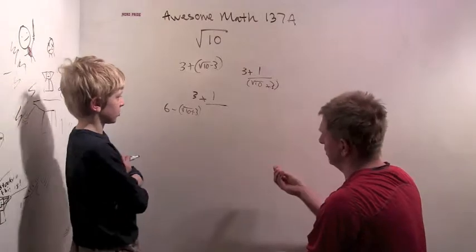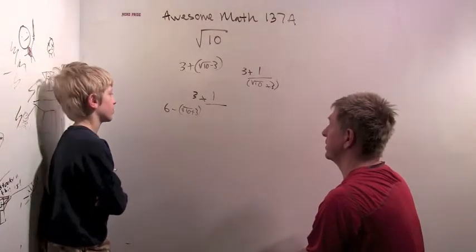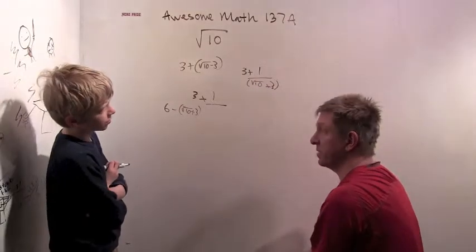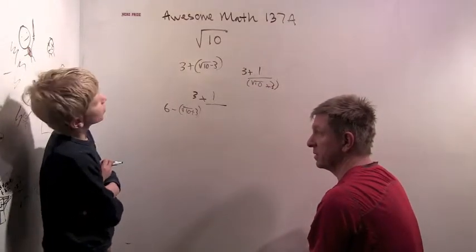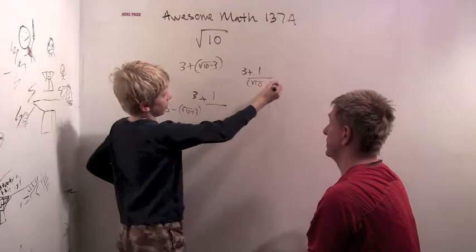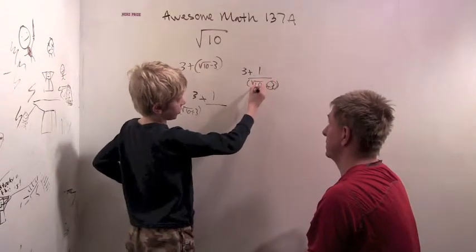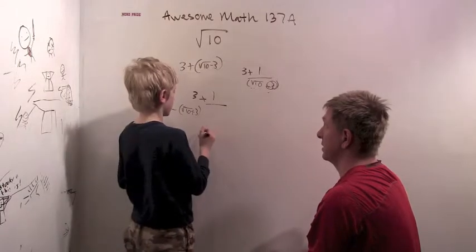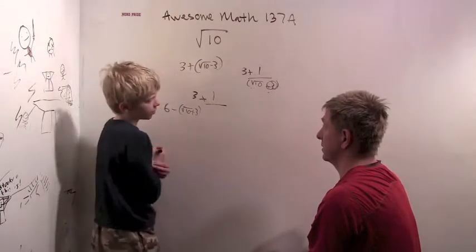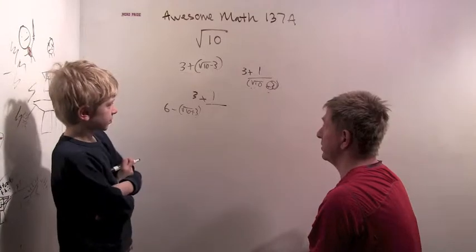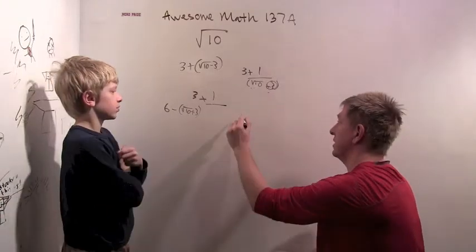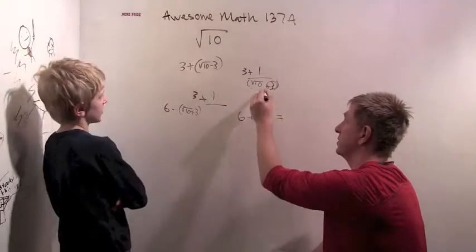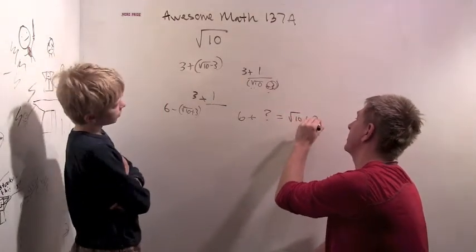Okay, but what do we have to do? Let's just talk about what the integer part is first. The square root of 10 plus 3, what's the integer part going to be? Well, the integer part is this 3 and then plus another 3. So that's the 6. So what are we going to have to do? We have 6 plus something that needs to equal the square root of 10 plus 3.